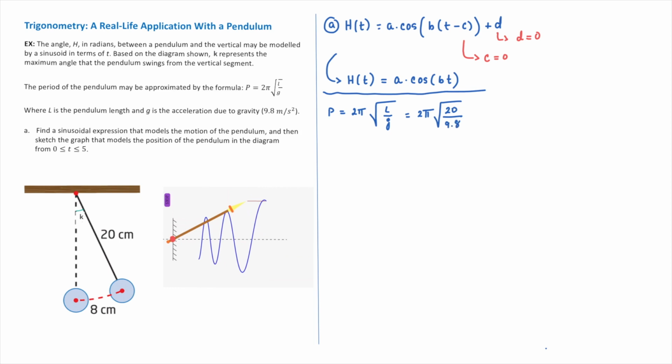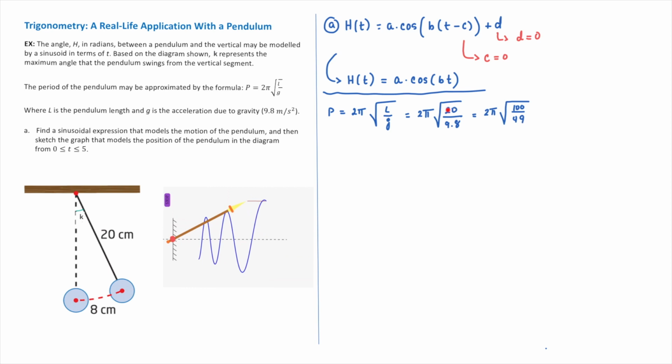Then when you get your calculator and divide 20 by 9.8, you're going to get a decimal. But it actually is a decimal that can be expressed by a nice fraction. So I can write this as 2 pi square root of 100 over 49. Now you don't have to do that.